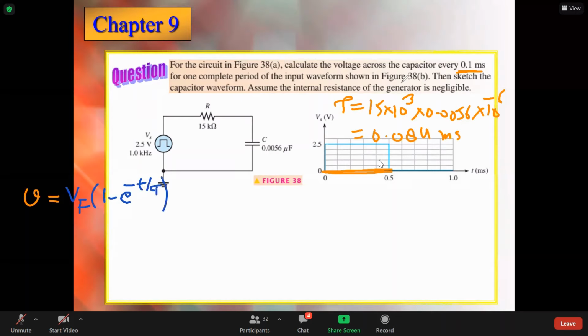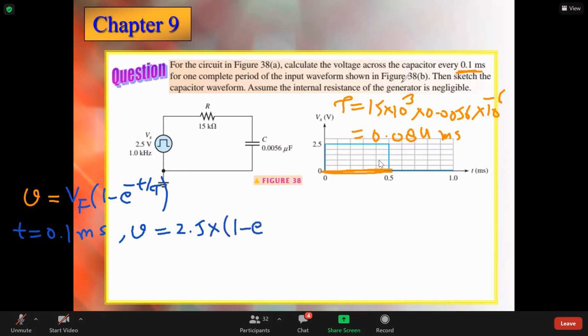This is the equation we will use for the charging condition. At t equal to 0.1 millisecond, the voltage is 2.5 multiplied by 1 minus e raised to power minus 0.1 over 0.084. You will get something.